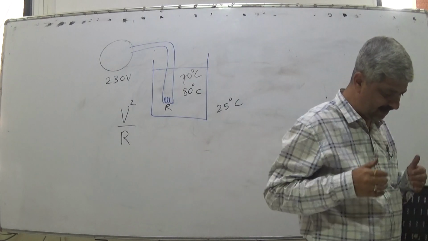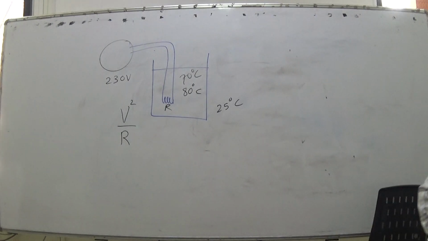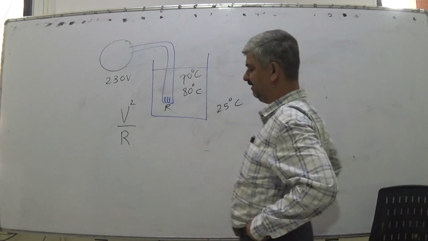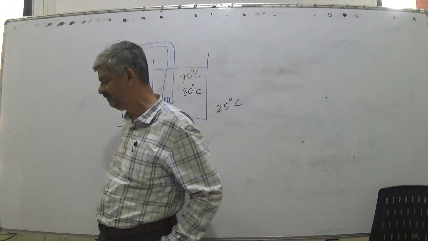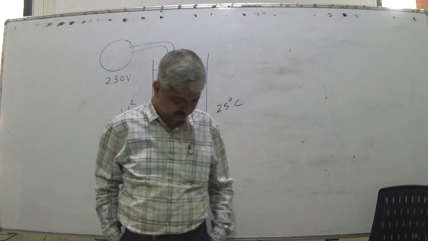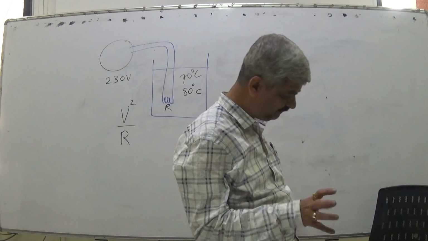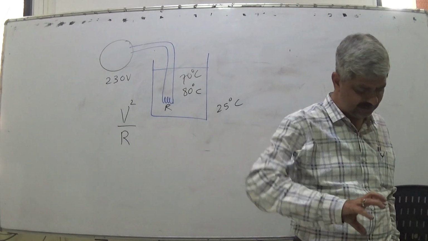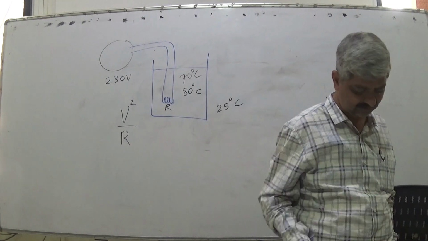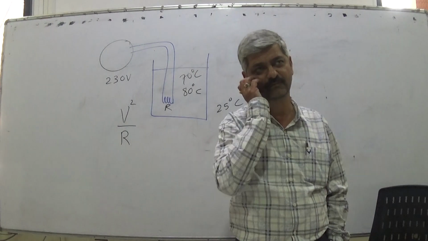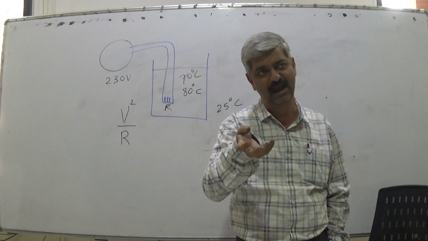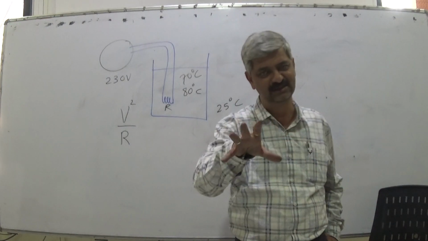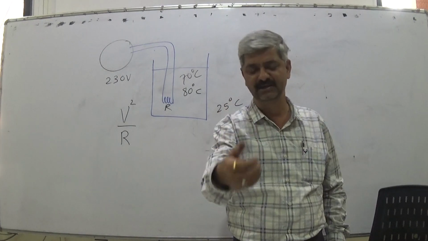If I keep the heater continuously on, then the energy is full, X. If I make the voltage half, the energy will be 1/4, because it is V squared by R. So do I need a dimmer, which is costly, or can I avoid it?